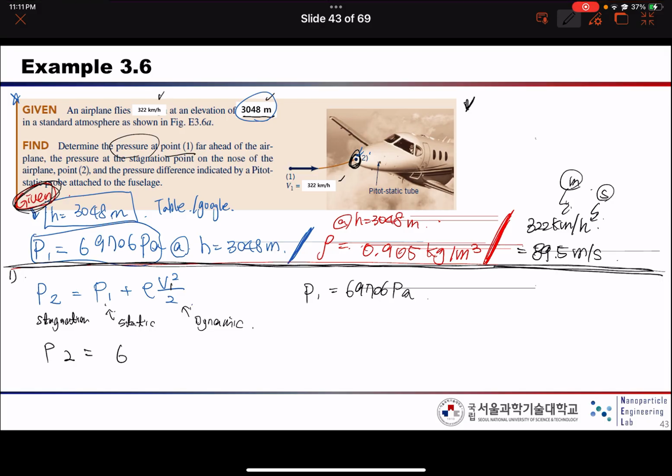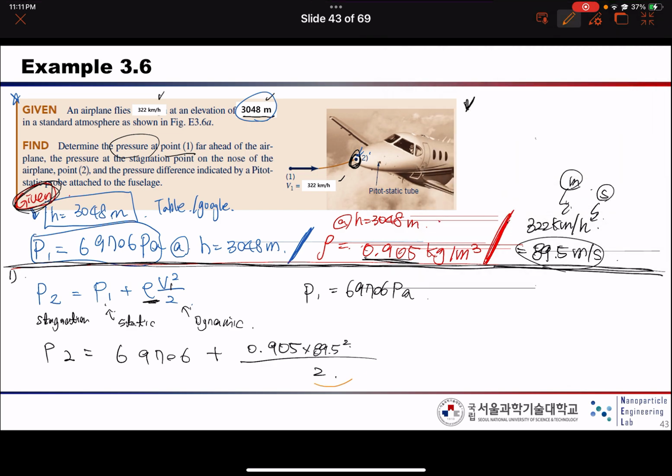P2 equals 69706 plus 0.905 times 89.5 squared divided by 2.